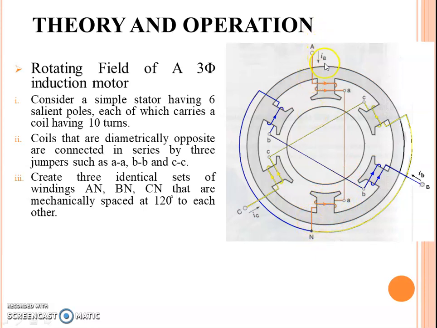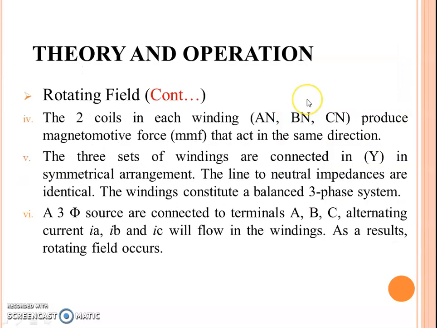If we use the right hand rule, we shall have the north pole generated on this pole. This is north and this is south.